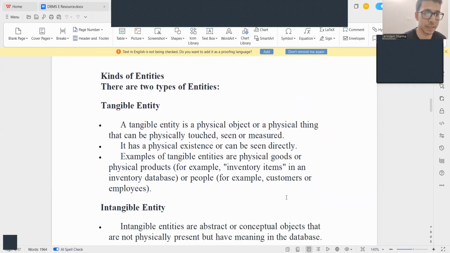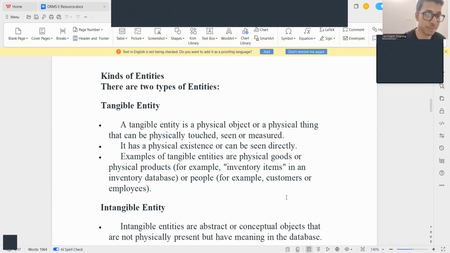There are two kinds of entities, tangible and intangible. So what is a tangible entity? A tangible entity is a physical object or a physical thing that can be physically touched, seen, or measured. Means whichever you can touch physically, or you can see physically, or you can measure.